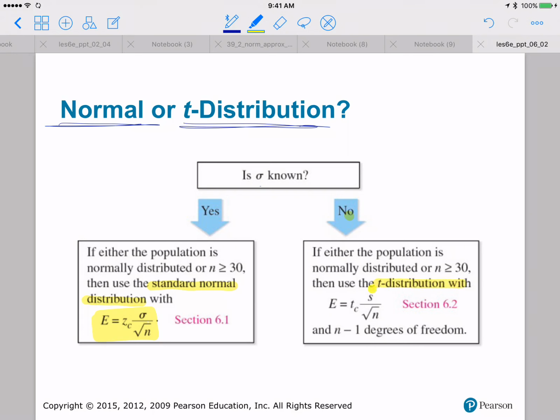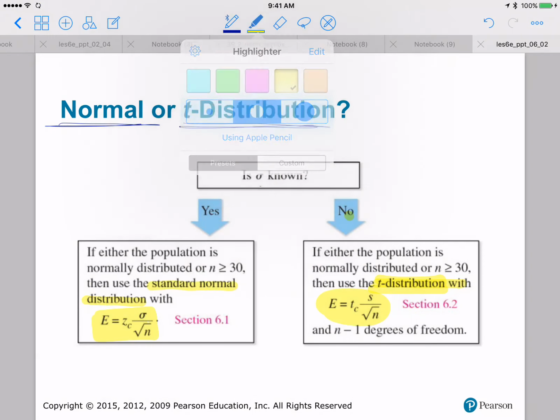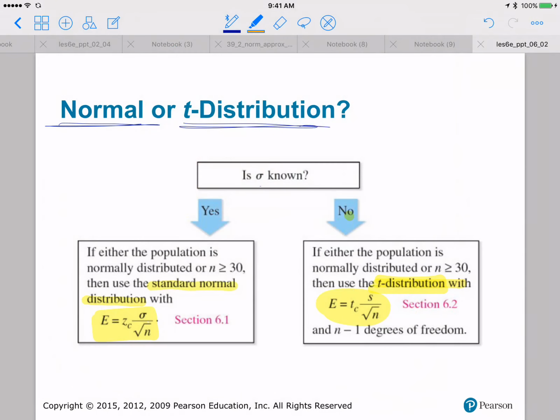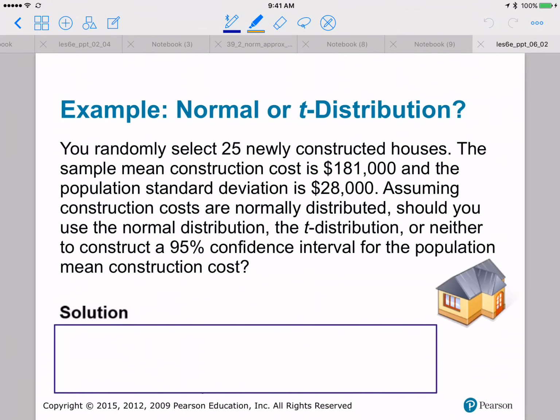Okay, and you'll use this as your formula for the margin of error. In both of these cases, it's worth repeating, you need to have either the population is normally distributed or n is greater than or equal to 30, for both scenarios.